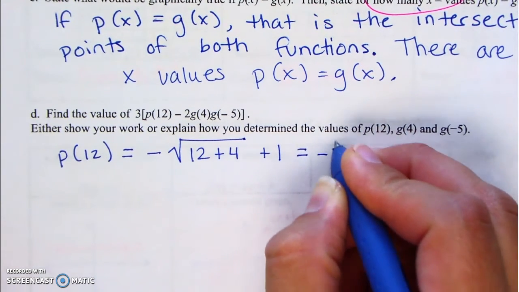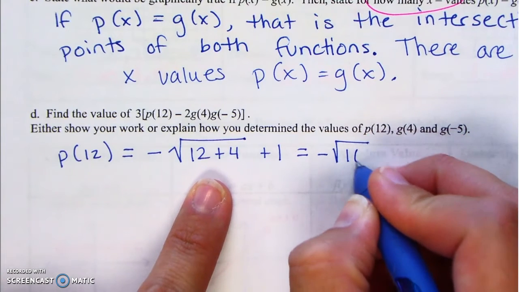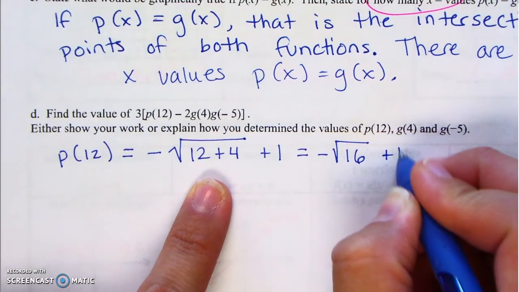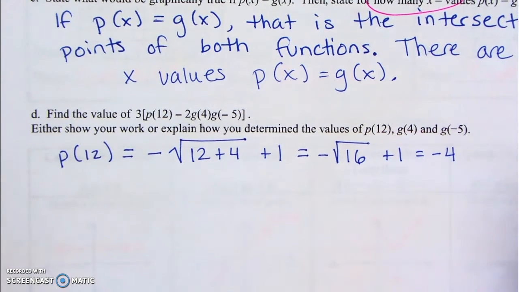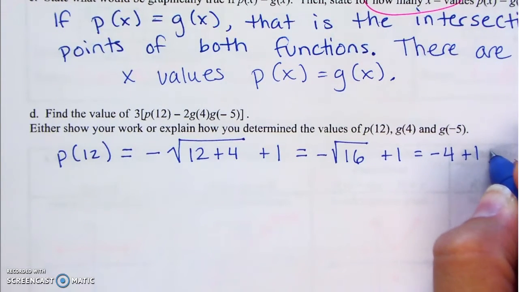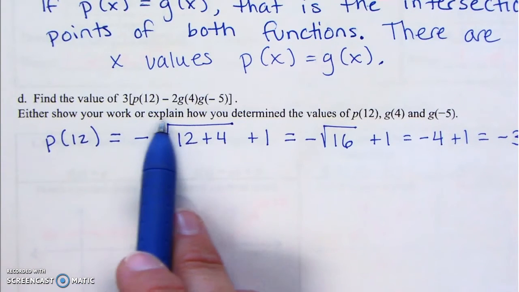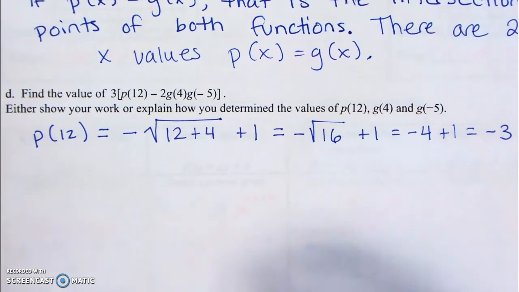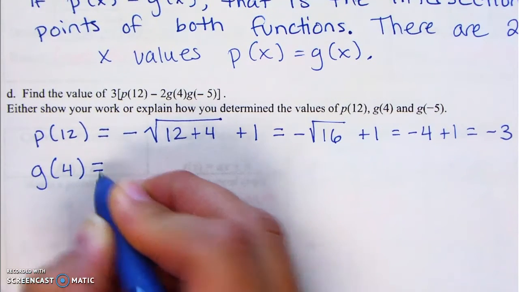P of 12, square root of 12 plus 4, 16, and then plus 1. Okay, what's square root of 16? 4. So I have a negative in front though. So negative 4 plus 1. What's p of 12? Negative 3. It says either show your work or explain how you determine these values. Did we show our work? Yeah, beautiful.